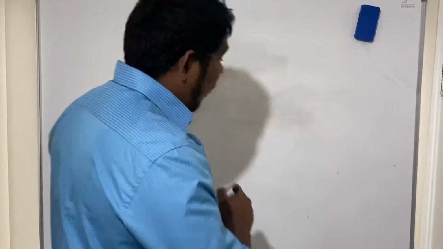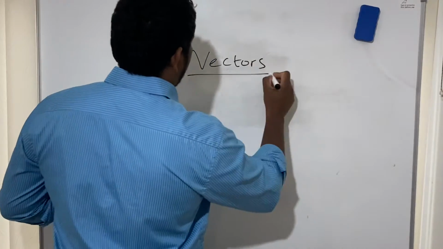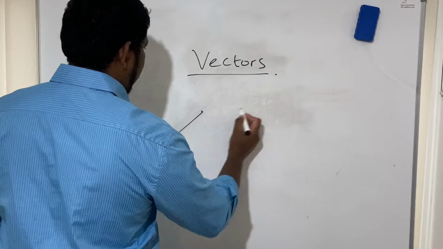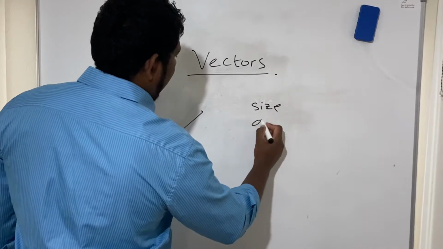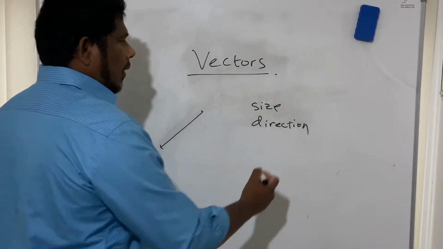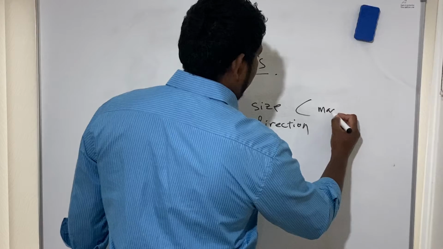In this video, we're going to learn about vectors. In a simple way, a vector is a straight line with size and direction. And the size can also be called magnitude.